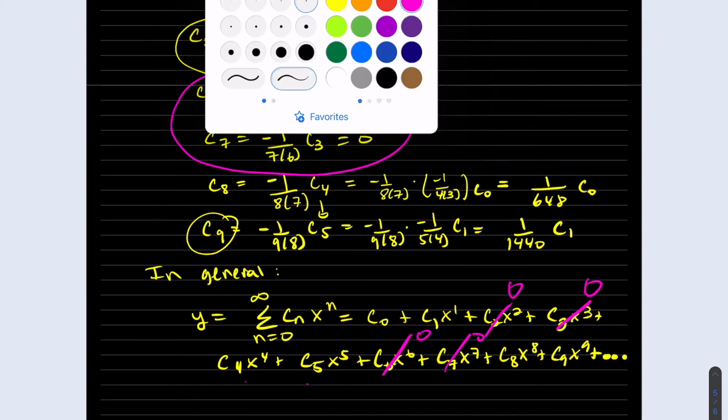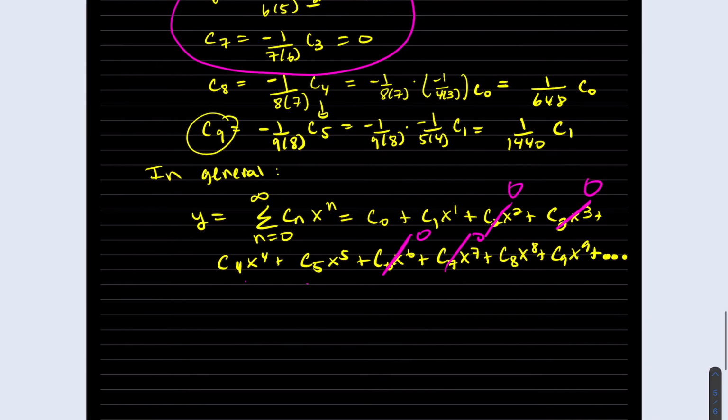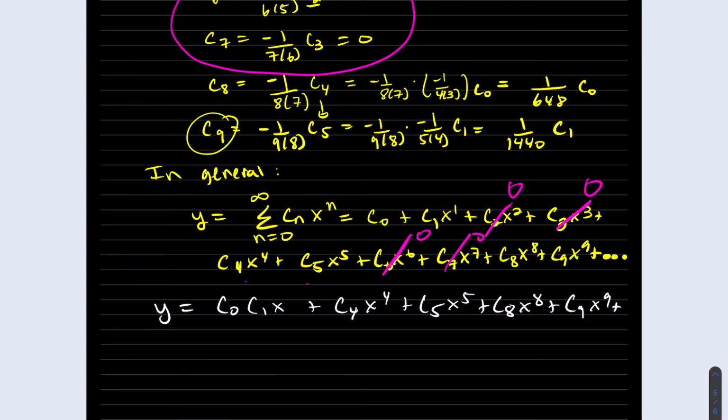And so what we have left is the same y. y is equal to C0 plus C1 x, I don't need the 1 here, its power, plus C4 x^4 plus C5 x^5. You see what I'm writing? And then I have to say dot, dot, dot.